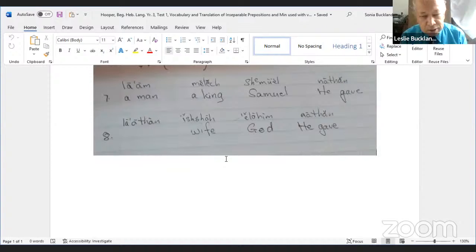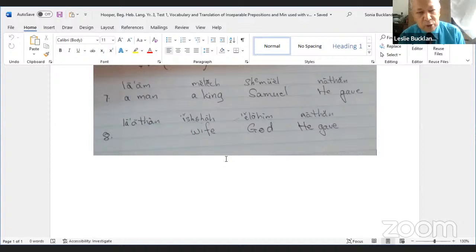Okay, the context would have to indicate which is meant, whether it is just a woman or whether it is a married woman. I put wife there because in the context of the book of Genesis, we see that God made a woman for the man and brought her to the man and joined her to the man in marriage.